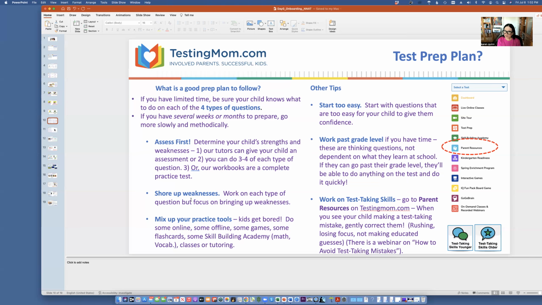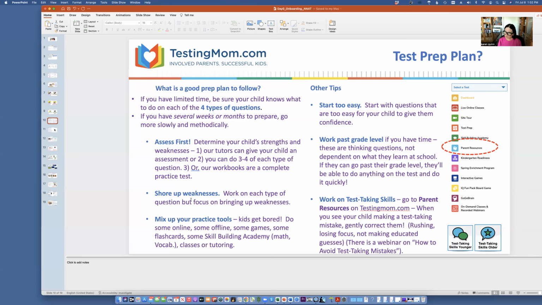So you want to start too easy, and also it gives kids confidence if they're able to answer the first questions they do. So that's important as well. So they have confidence, they know they can do it, and they're willing to try the harder ones, especially if they've practiced from super easy to much harder.